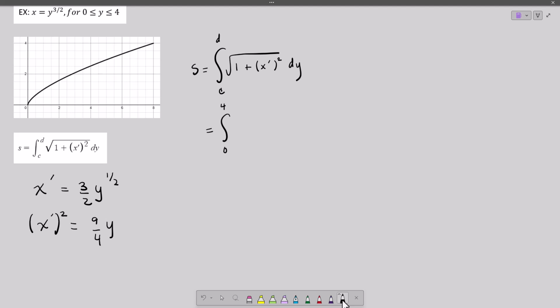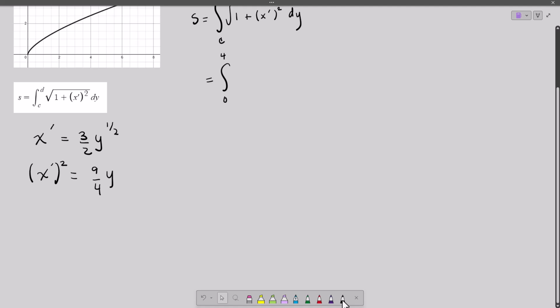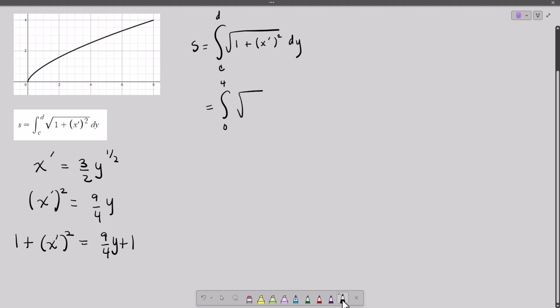When you square it, square the numerical part. You square the square root, you end up with just a y. And then we have to add 1. So 1 plus x prime squared. There's no simplification here if we just add 1. So that is what is going to go inside this square root. So there's our integral.